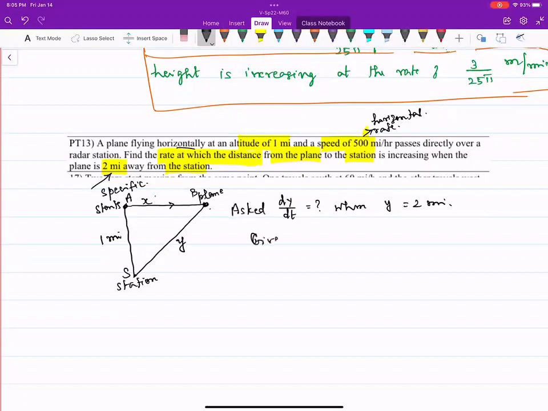What is given in the problem? dx by dt is given, which is 500 miles per hour.